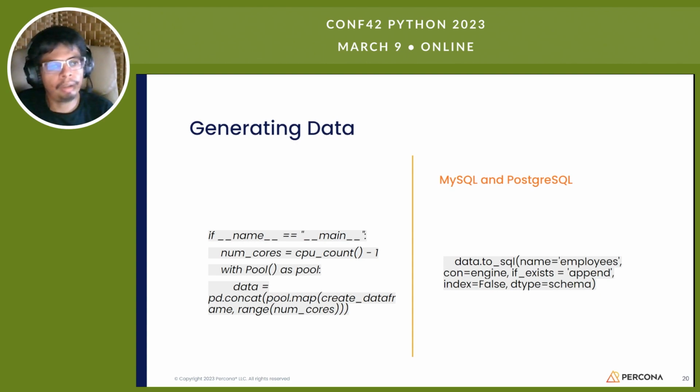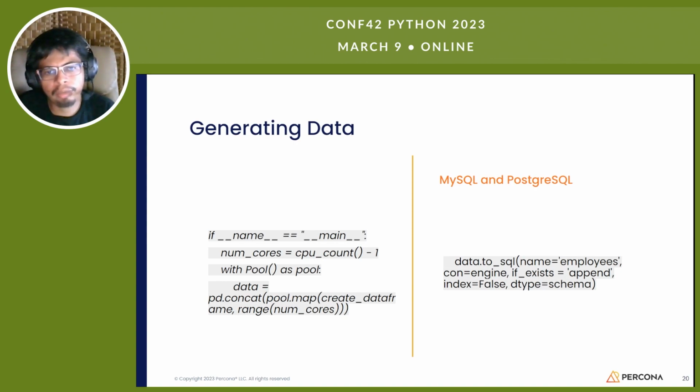And then every CPU core calls the create data frame method, and every CPU core will generate 4,000 records, and then we concatenate that data into a data frame. And for MySQL and Postgres, we are calling the to SQL method provided by pandas.